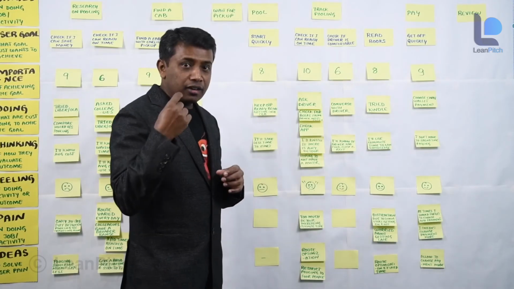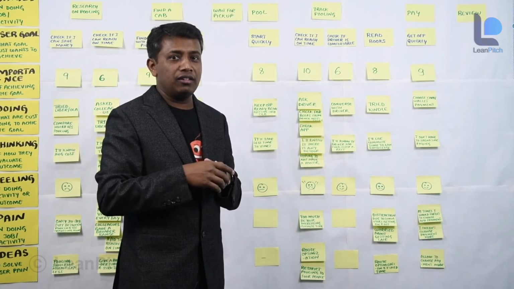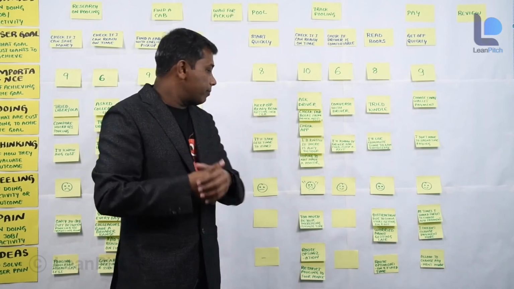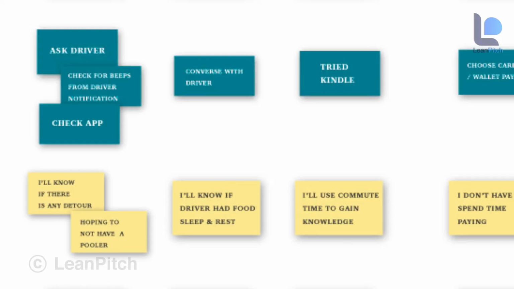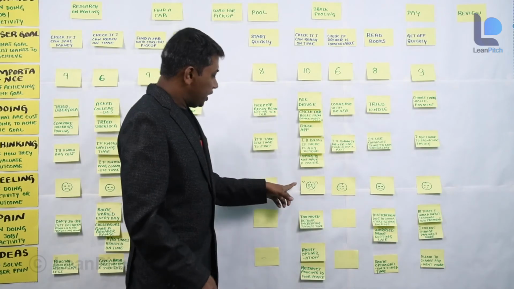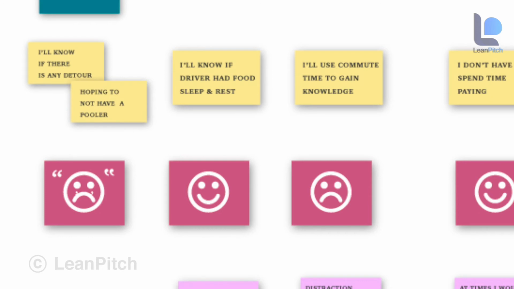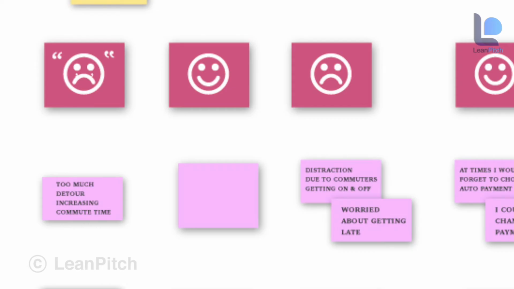He would check for beeps from the driver's phone for notifications on any more pickups, and he would also keep checking the app. What he was thinking was, by doing this, he would be able to know whether there would be any detour, any additional time added to the commute time. He was extremely unhappy, very disappointed, because he said there was always too much detour and it increased the commute time.